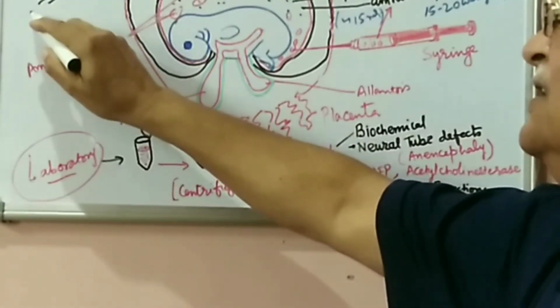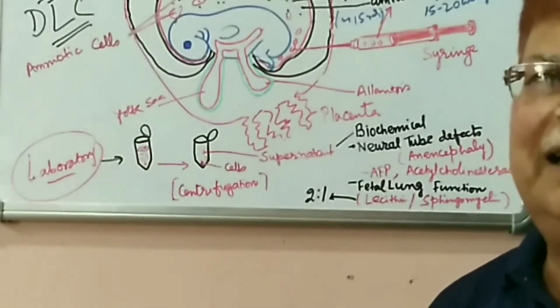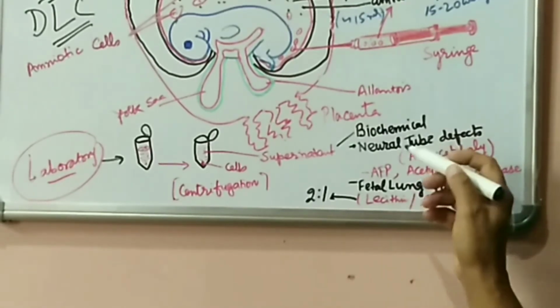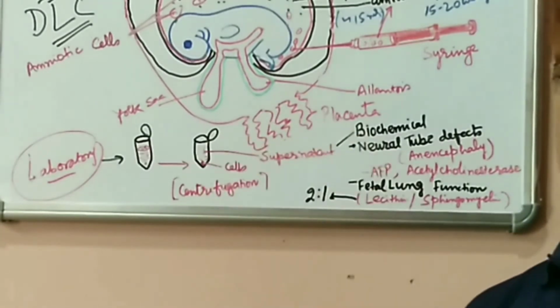They are called for differential leukocyte counts, that is granulocytes and agranulocytes. These cells are counted, and that way one can ensure which sort of infection is there around the fetus, and that can be rectified by medication. So this was all about the biochemical parameters. Now the cells.